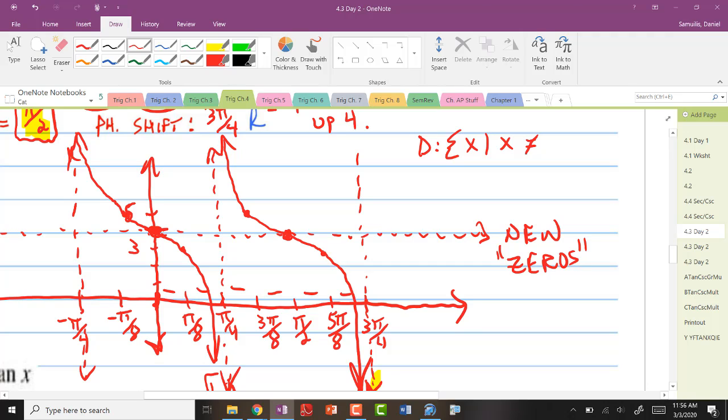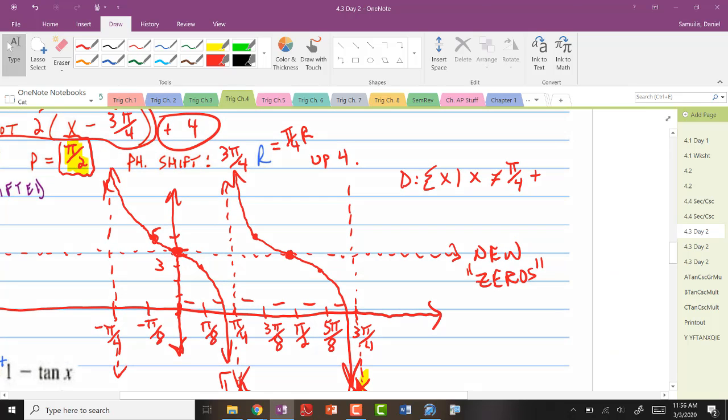What's the first nice positive bad value? Pi over 4. And then add or subtract. How far away is each one of those asymptotes? It's the period, and it is pi over 2, and I have that in yellow over there. Range is always all real numbers.